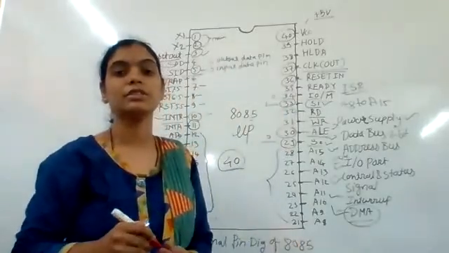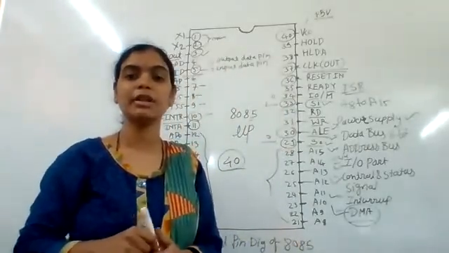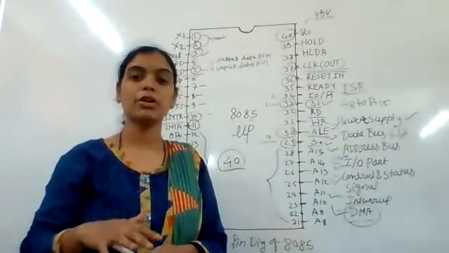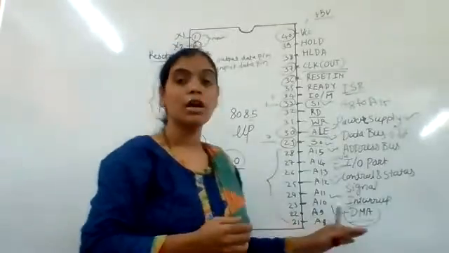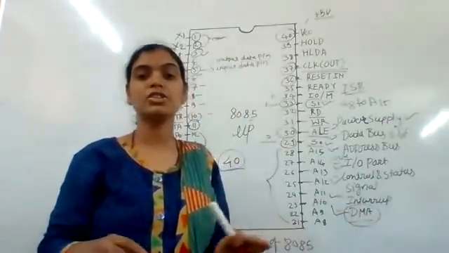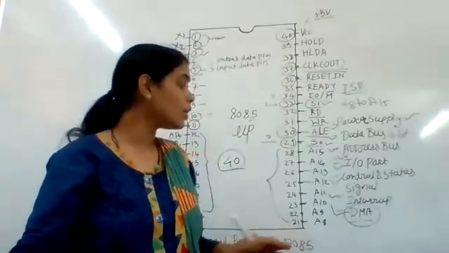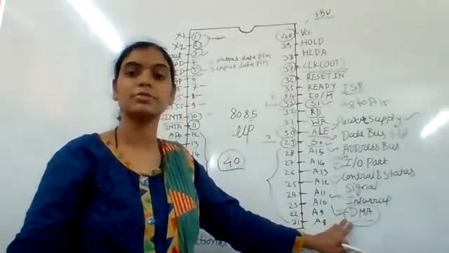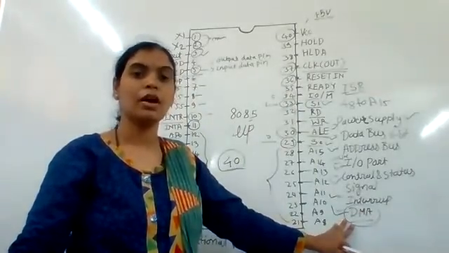Our last point is DMA. We are aware of the fact that memory and I/O devices are connected with each other by the microprocessor. So the intermediator, that is the CPU, manages the data transfer between input-output devices and memory.